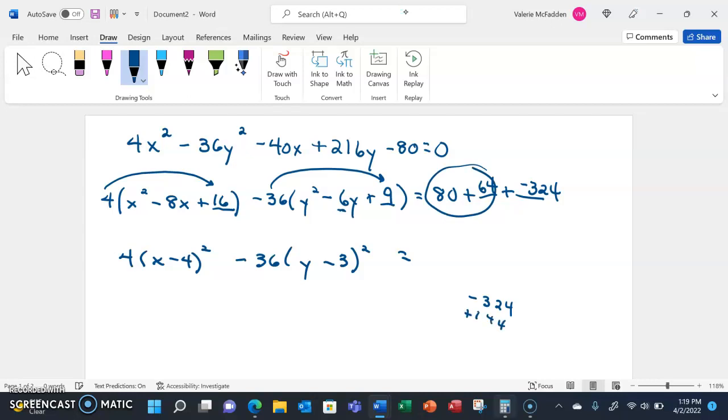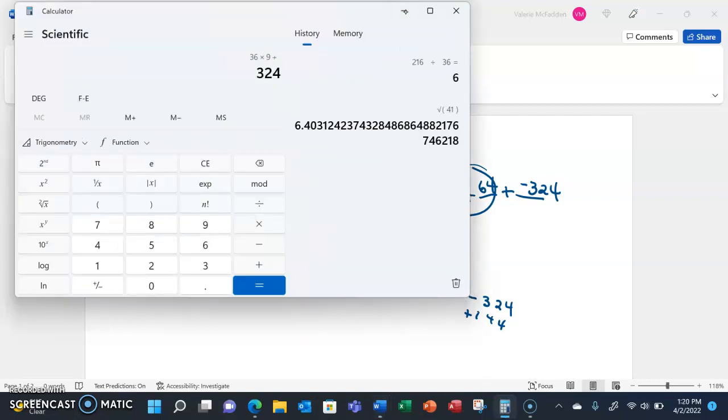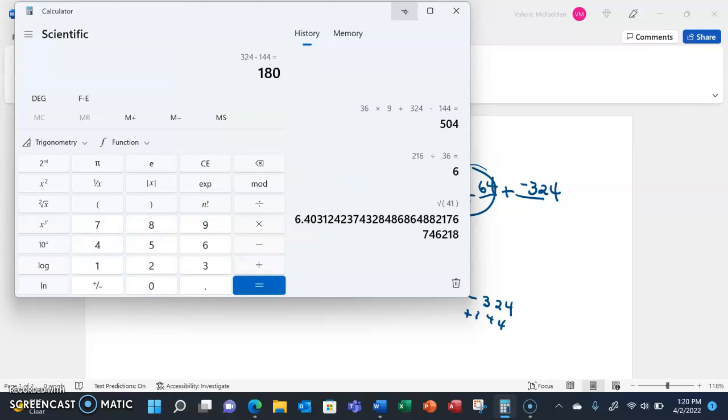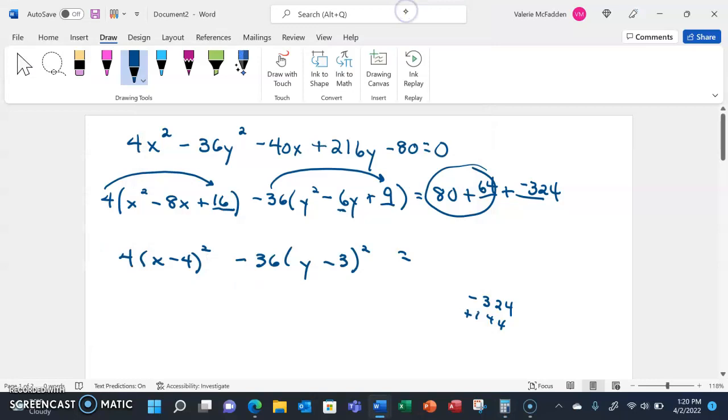Okay, negative 324 plus 144. So that's really 324 minus 144. Oh, whoops, I should have cleared that. 324 minus 144, so that's negative 180.